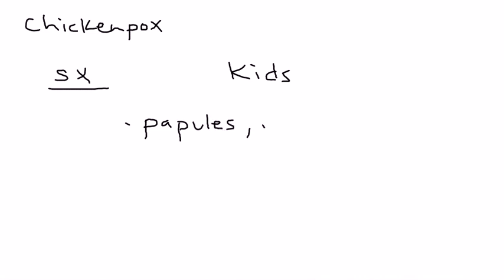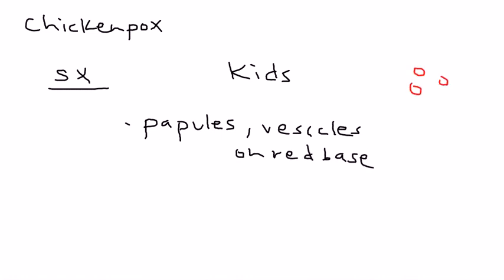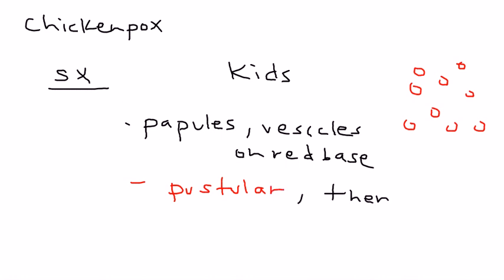So, how do you distinguish chickenpox? Well, most of the time it happens in kids, and it's described either as papules or vesicles, and they're usually on red bases, and they kind of appear in crops, and later they can become pustular, and then later they can crust over.